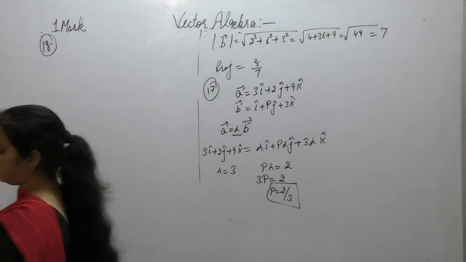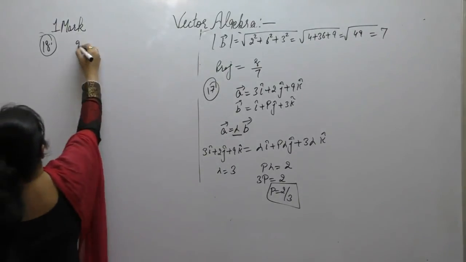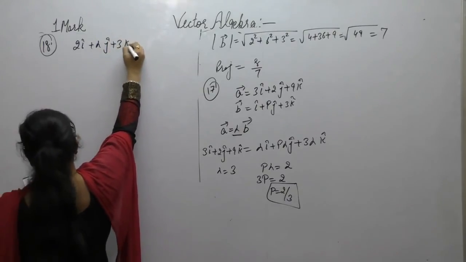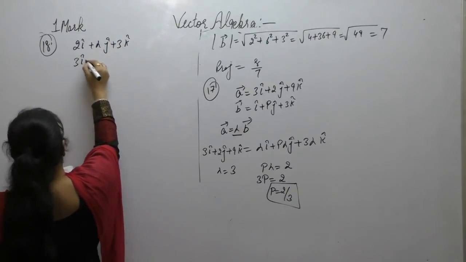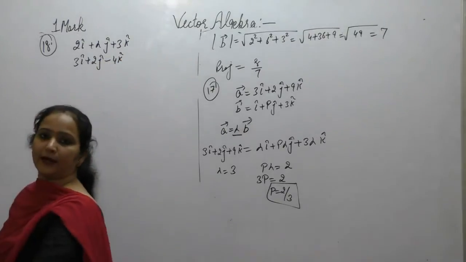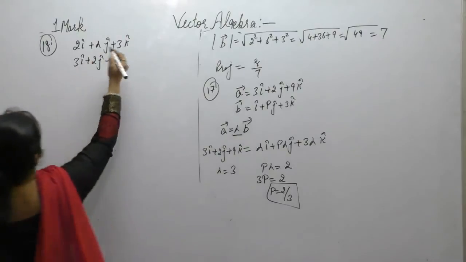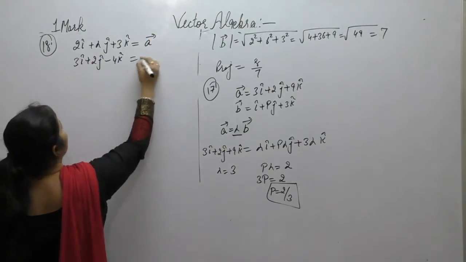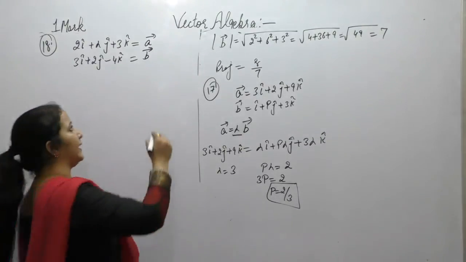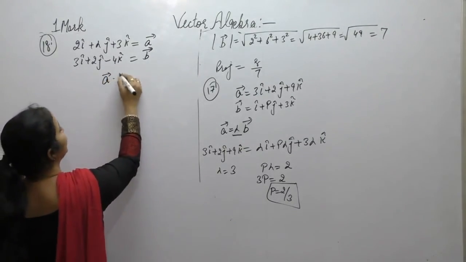Find the value of lambda if the vectors 2i plus lambda j plus 3k and 3i plus 2j minus 4k are perpendicular to each other. Let this vector be A vector and this vector be B vector. Two vectors A and B are perpendicular if their dot product is 0.